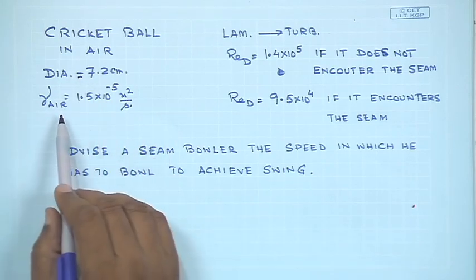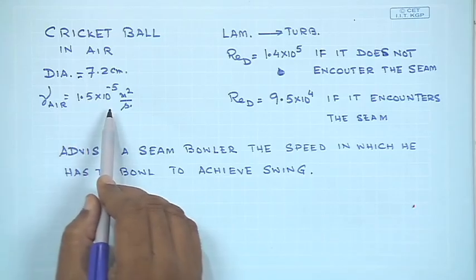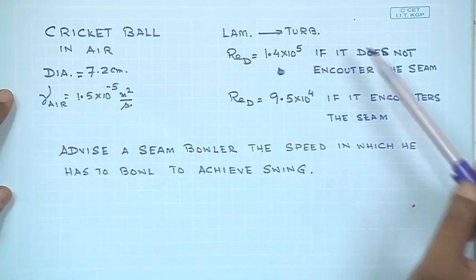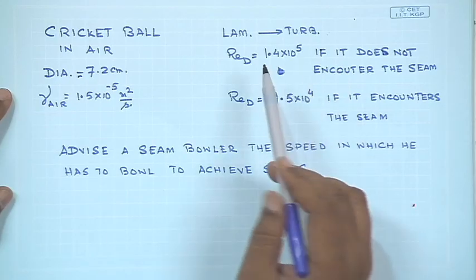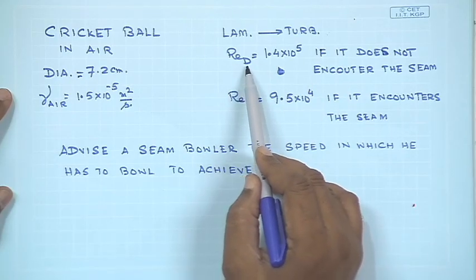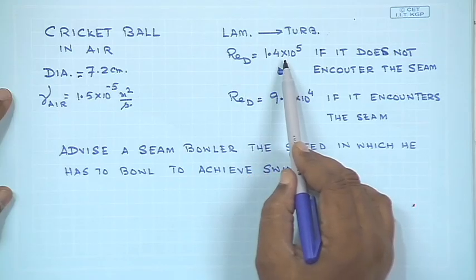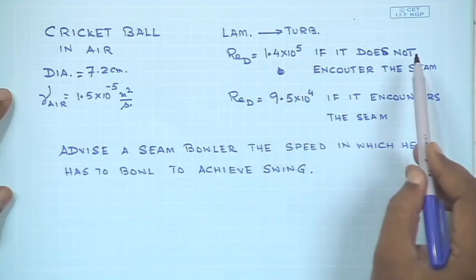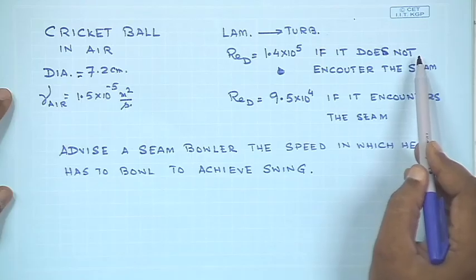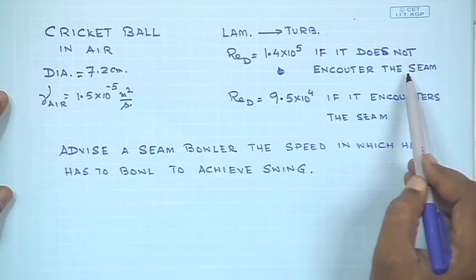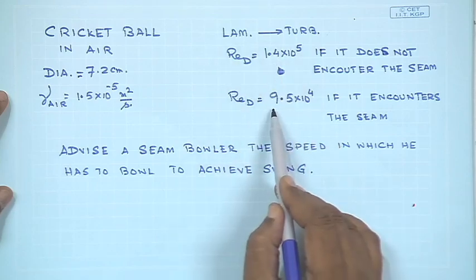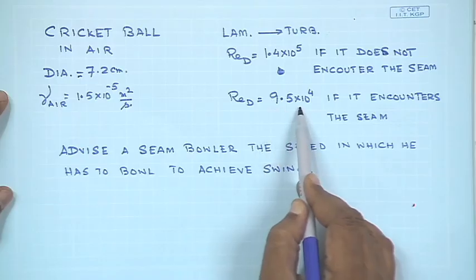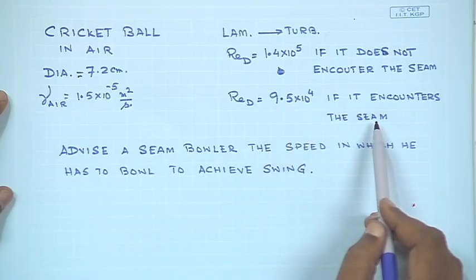The kinematic viscosity of air is 1.5 x 10^-5, and through experiments it has been established that the laminar to turbulent transition takes place on a cricket ball if the Reynolds number based on diameter of the ball is about 1.4 x 10^5, if the air does not encounter the seam. And the transition from laminar to turbulent would take place at a lower Reynolds number of 9.5 x 10^4 if it encounters the seam.